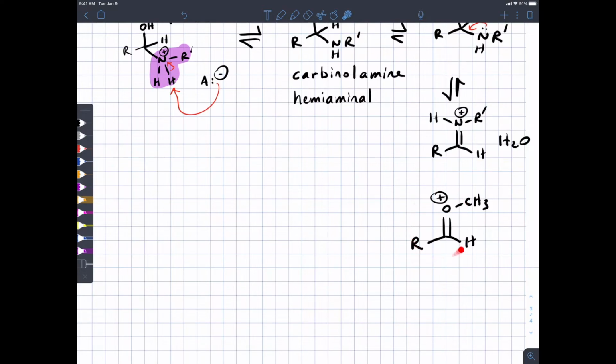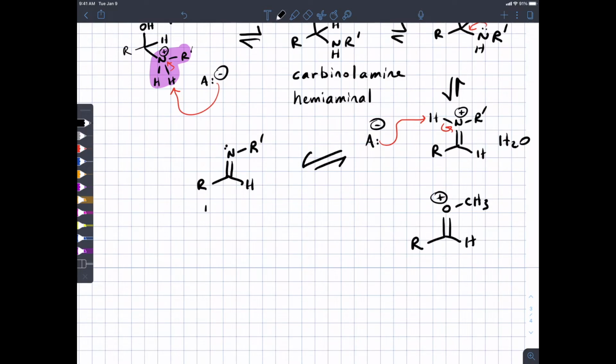Unlike the oxonium ion, there is something we can do with this ion that doesn't involve attack of a nucleophile, and that's simple proton transfer, which is really fast. And so before anything else happens, the conjugate base of our acid removes the proton, and we're left with this neutral product where a nitrogen's bonded to three things.